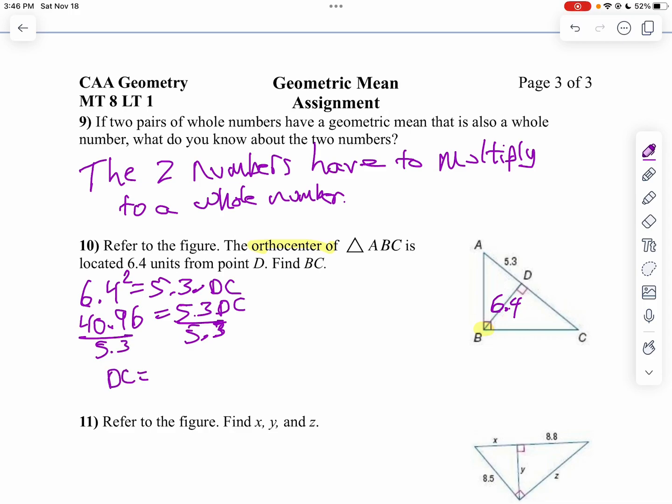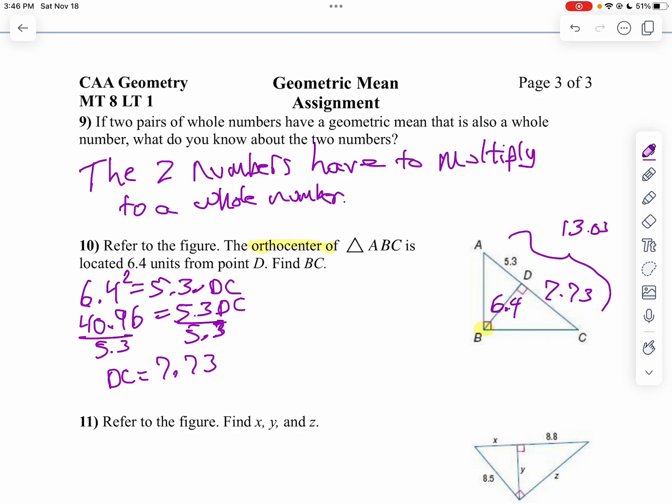And DC is going to be, let me see, if I take 40.96 and I divide it by 5.3, I'll get about 7.73. So I know D to C is about 7.73. Okay, now, if I want to find B to C, well, first off, let's find A to C. So we take 5.3 plus 7.73. That'll be about 13.03.